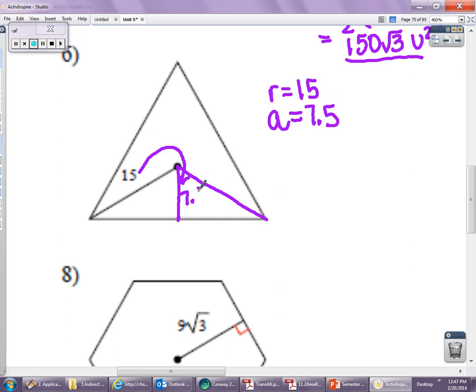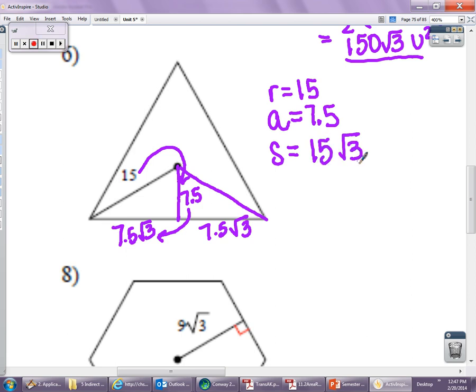If this is 7.5, I'm going to multiply that by root 3, and I have 2 of them here for one side. So one single side is going to be 2 times 7.5, which is 15 root 3. Okay, and then you're going to again use that formula, 1/2 the apothem times the perimeter.